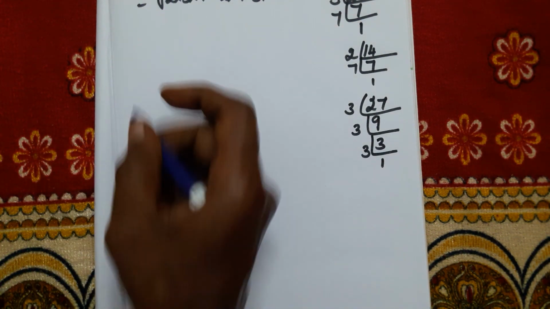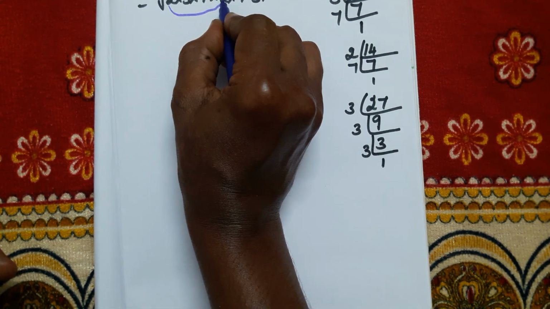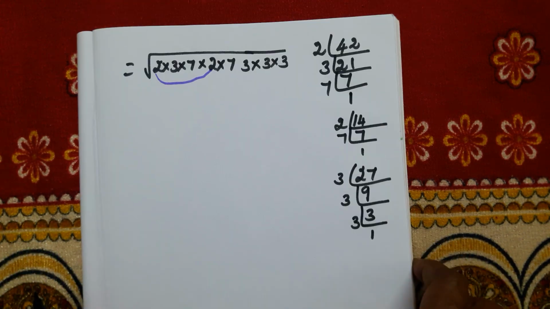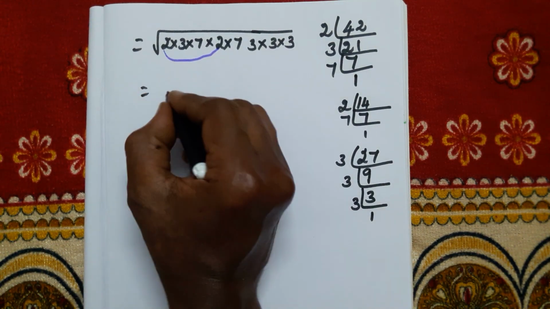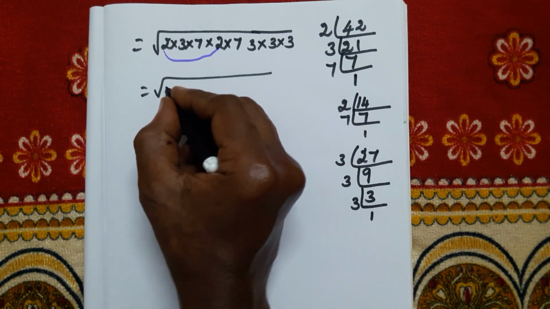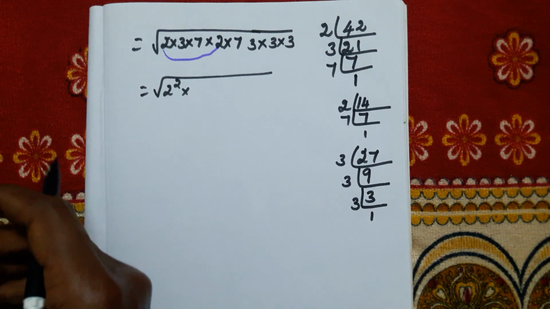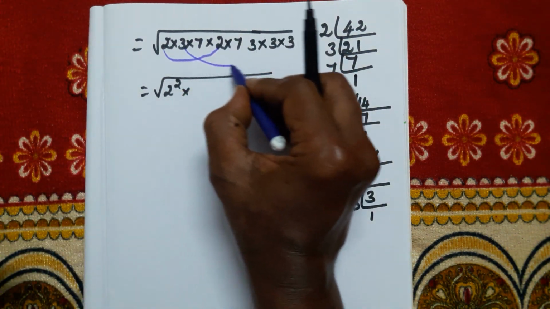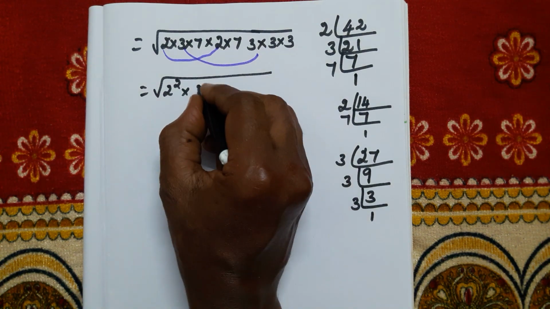Now we have to take the pair numbers together. 2 into 2 is 2 square. 3 into 3 is 3 square. 7 into 7 is 7 square. Again 3 into 3 is 3 square.